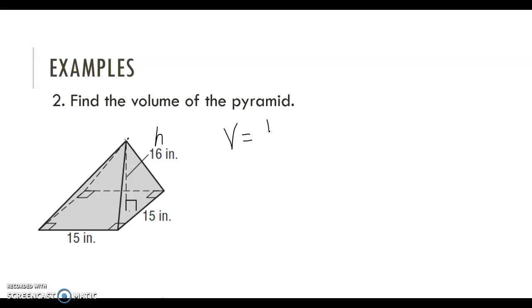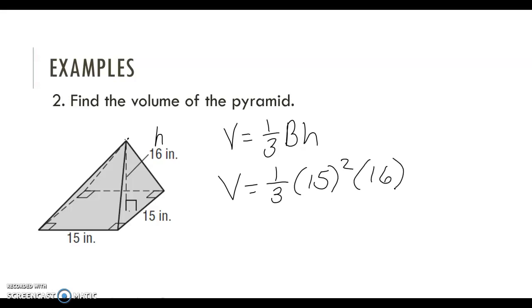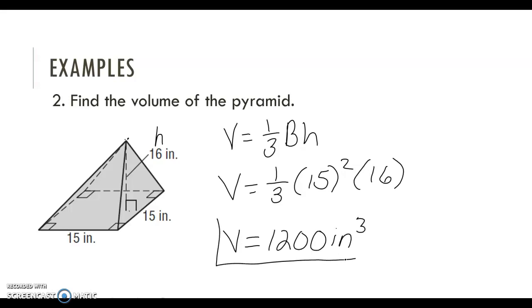So the volume is 1/3 base area times height. 1/3 times 15 squared for that square base times the height of 16. If you multiply that all together, it will give you 1,200 cubic inches for that volume.